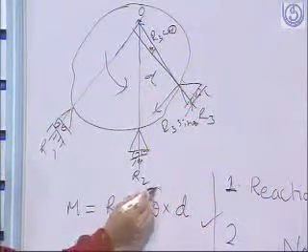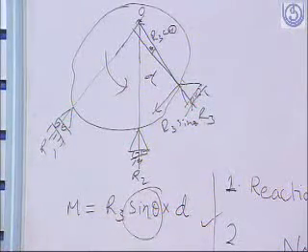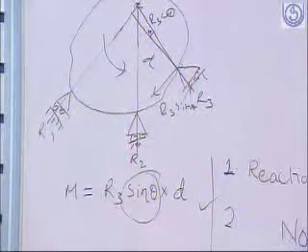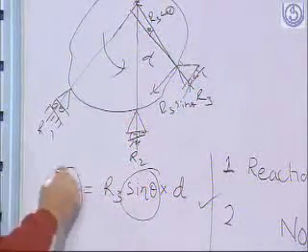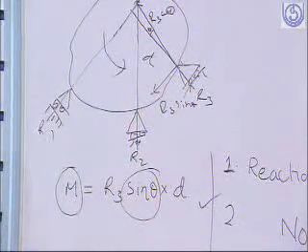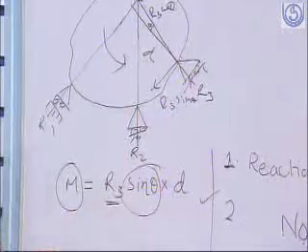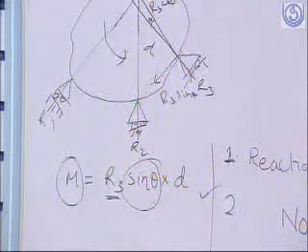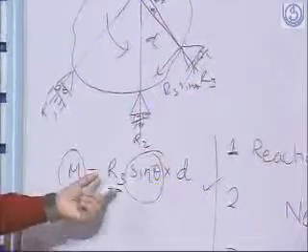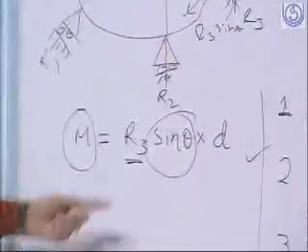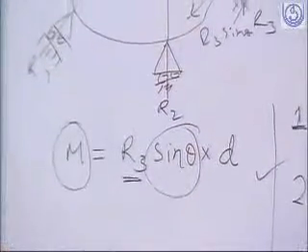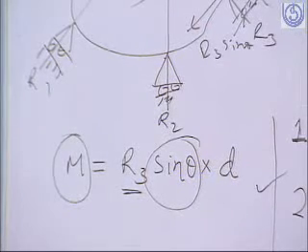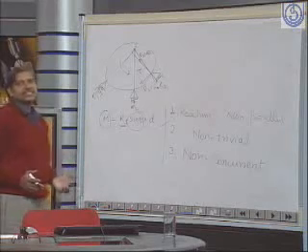Since theta is very small, so sin theta will be nearing 0. It will be very small, and to resist any appreciable couple or moment, the R3 has to be very large, it should be nearly infinite R3. So again this is providing a very weak stability, because we cannot have any external support which has infinite restraint.